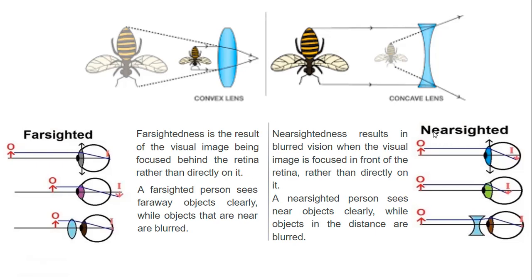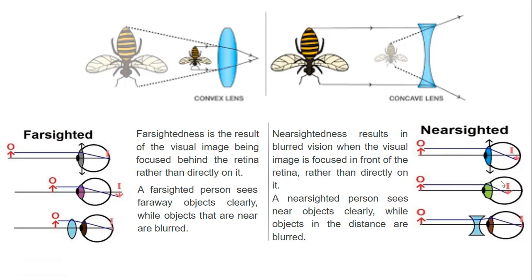On the contrary, a nearsighted person can see a near object clearly, but cannot see a distant object clearly, only in blurred form. So nearsightedness results in blurred vision when the visual image is focused in front of the retina.